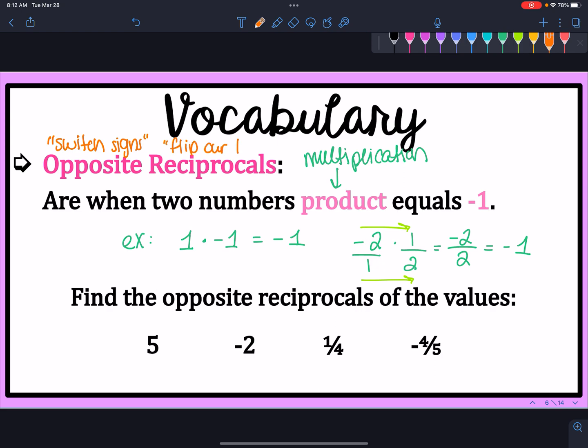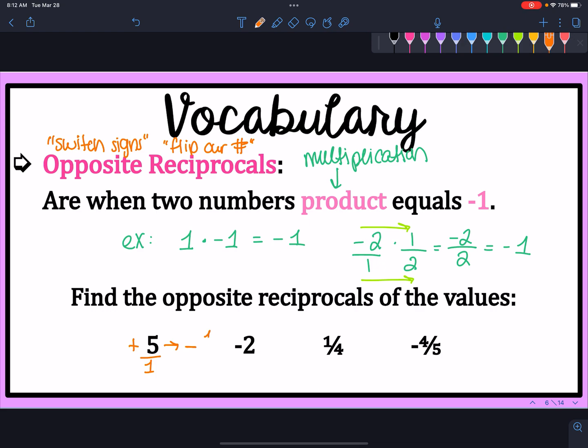So if I'm looking at the number 5, I'm going to switch the sign. So if this is +5, I'm going to have a negative number. And because it's a +5, I'm going to find the reciprocal of 5, which is when I flip it. This is 5/1.